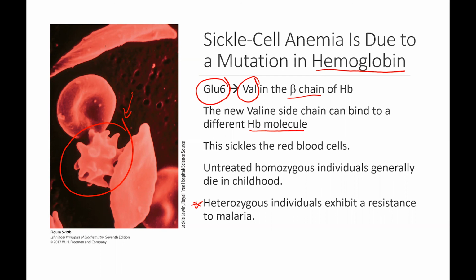So individuals who are in areas of high exposure to malaria are more likely to develop this mutation because it was positive for malaria. Though, if you have a homozygous, if you have both genes expressing this, you generally die at a very young age due to intense anemia and loss of blood cells.